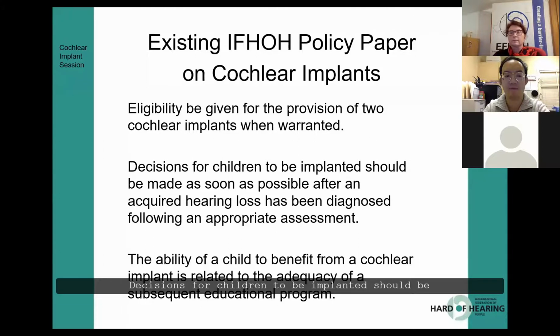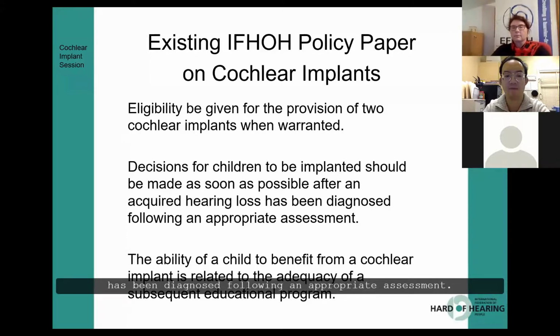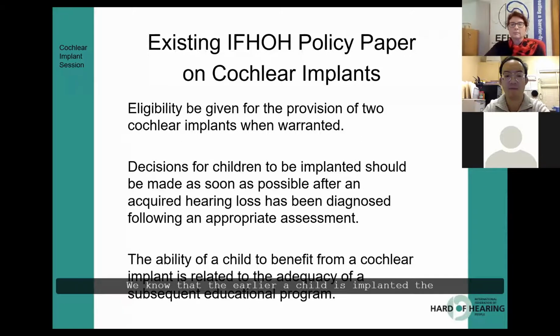And decisions for children to be implanted should be made as soon as possible after an acquired hearing loss has been diagnosed following an appropriate assessment. We know that the earlier a child is implanted, the better it is for speech development. And the ability of a child to benefit from a cochlear implant is related to the adequacy of an aftercare program.